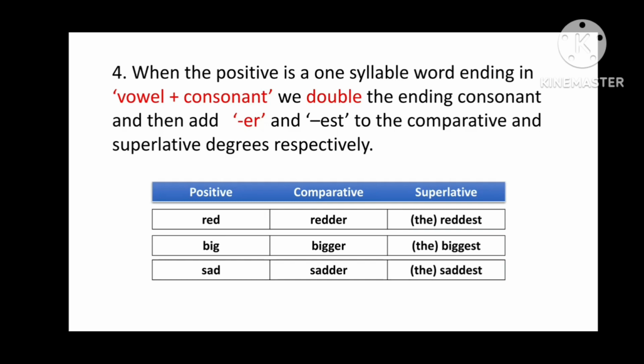And in the superlative degree, again we will double the consonant d and we will add est. Hence the superlative degree will become the reddest. So red, redder, the reddest. Similarly, big, bigger, the biggest. Sad, sadder, the saddest.